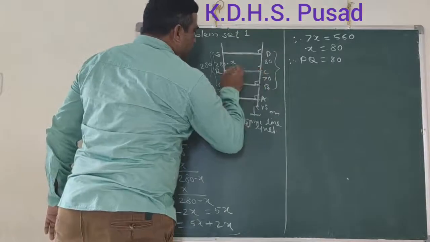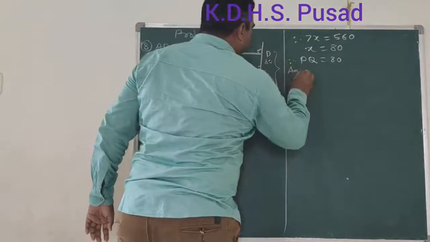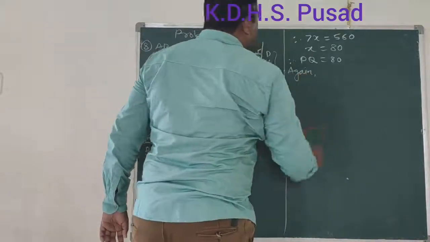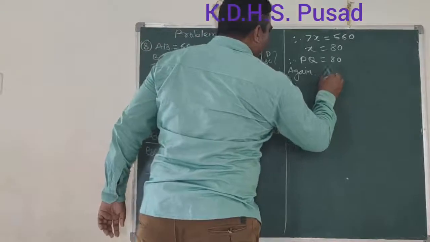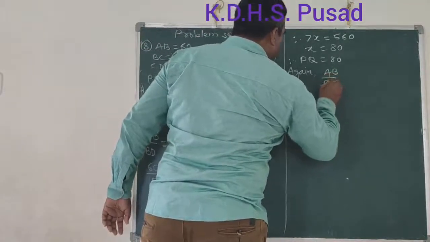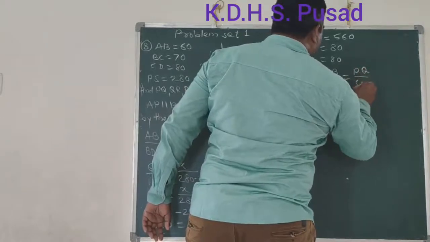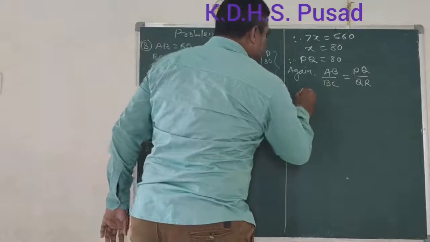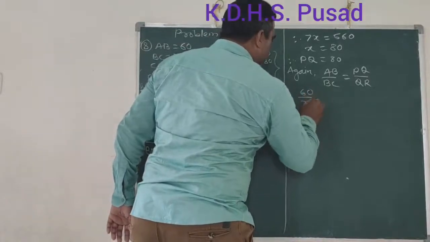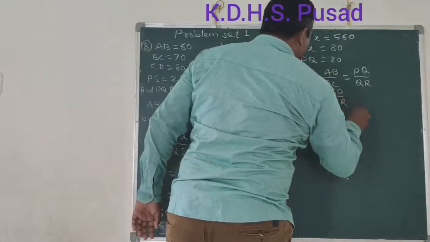Now use this again: using the same theorem, the theorem of three parallel lines. Now if I use AB by BC is equal to PQ by QR, let's put down the values. AB, that is 60, by 70 is equal to 80 by QR.